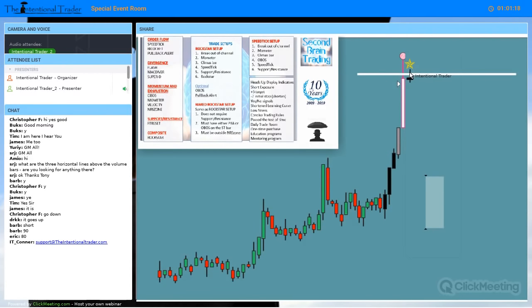That's also a good time to enter this trade when price is up in here, because we're shorting, right? So if price opens and jumps up, heck yeah, I'm going to take this trade here.